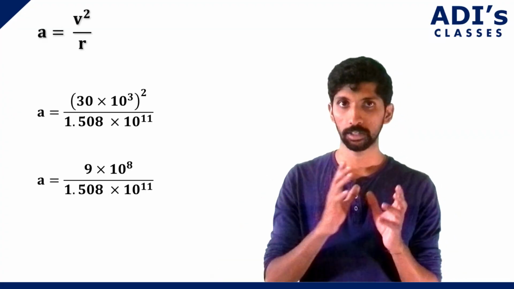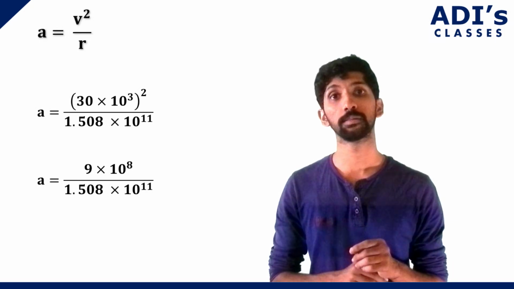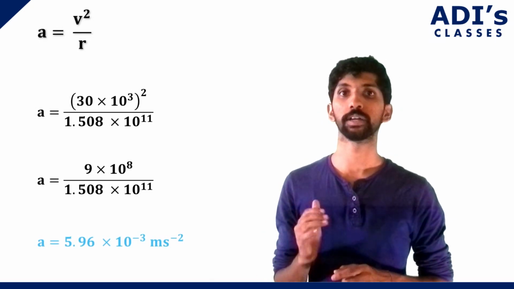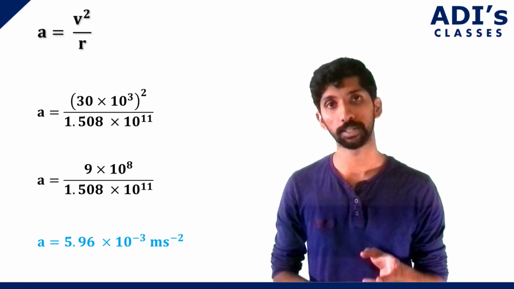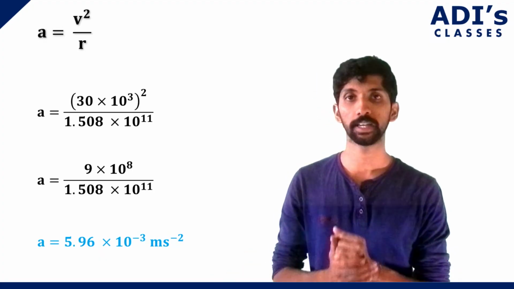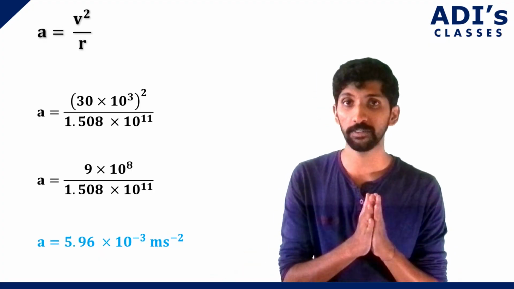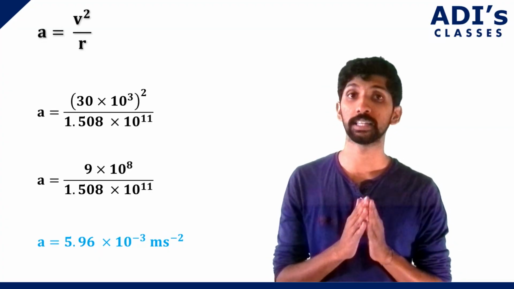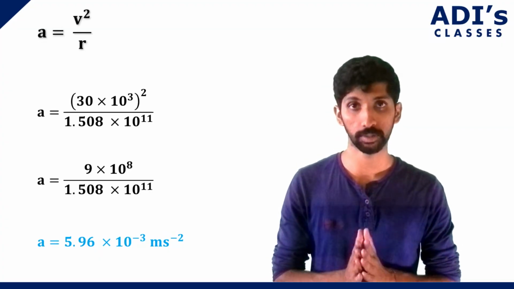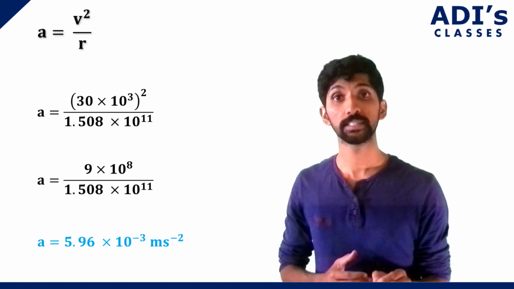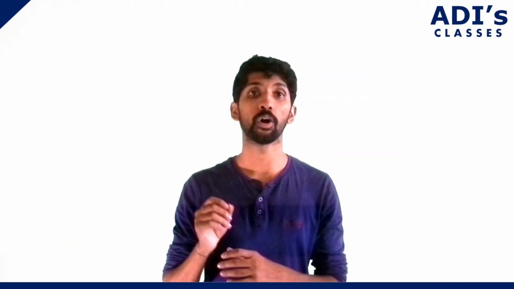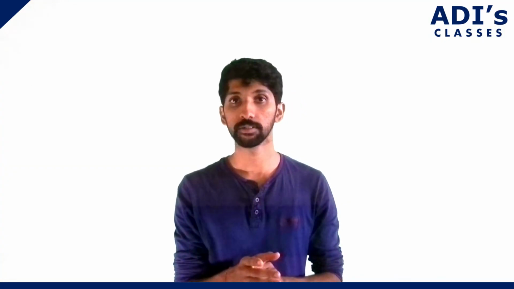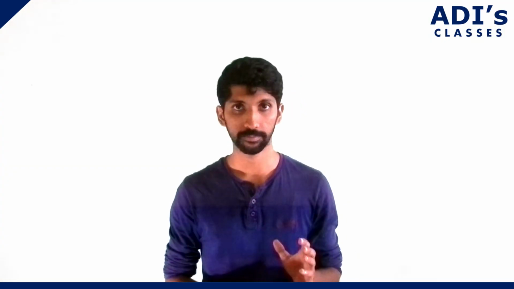So, see, the numerator becomes 9 into 10 to the power of 8 divided by 1.508 into 10 to the power of 11. So, if you divide that, you will get a is equal to 5.96 into 10 to the power of minus 3 meter per second square. Okay, this is the acceleration of Earth around the Sun.